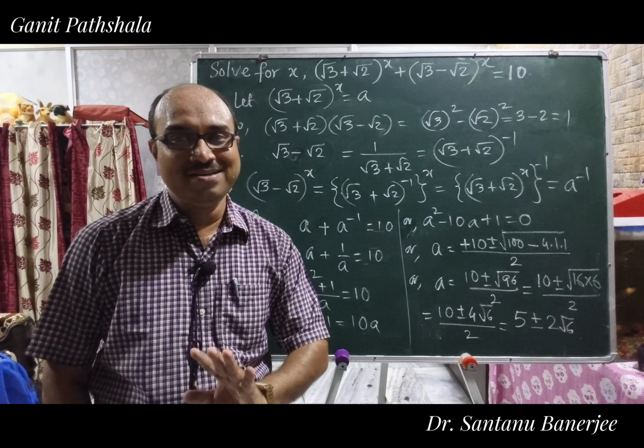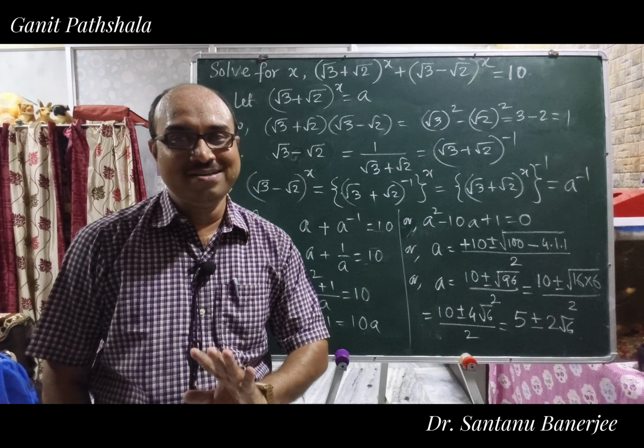See, if A is 5 plus 2 root 6, we can write this one as, A equal to 5 means 3 plus 2, plus 2 root 6 can be written as 2 into root 3 into root 2. So A equal to, this is nothing but root 3 whole square, plus 2 into root 3 into root 2, plus square root of 2 whole square.